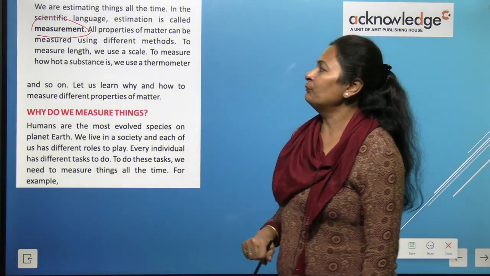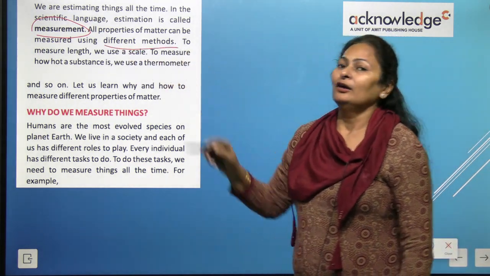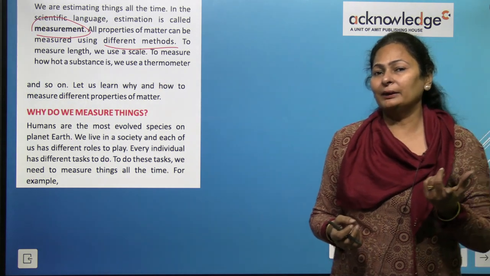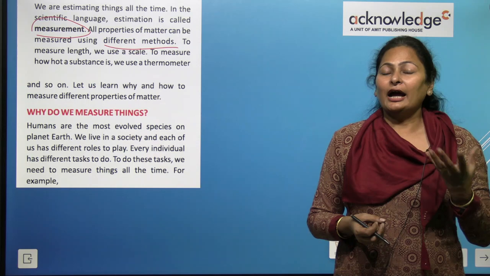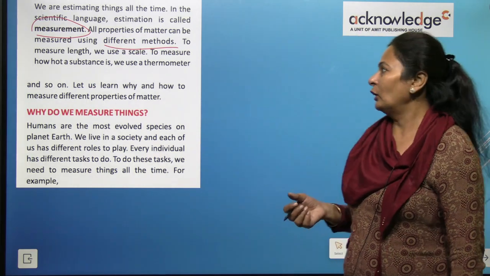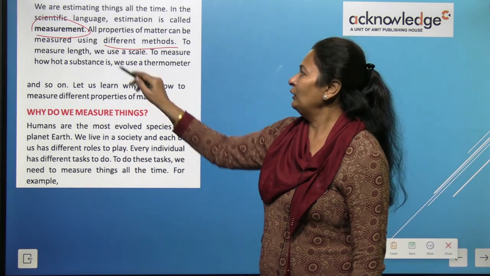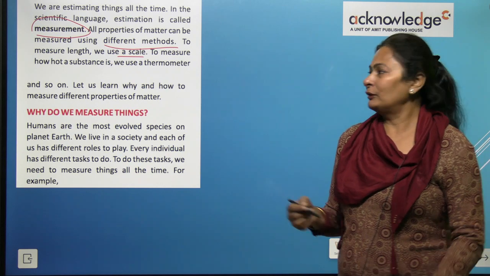All properties of matter can be measured using different methods. We are not following the same method to measure everything, right? So we have different methods to measure objects. To measure length, we use a scale. How do we measure the length? With the help of a scale.